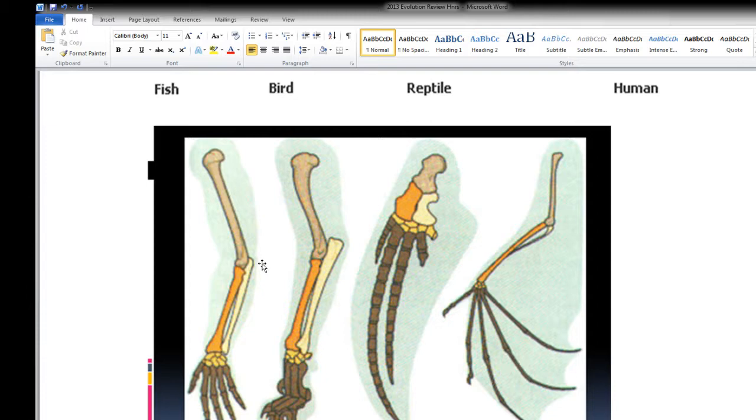So when we're talking about structures, this is what we're talking about. Common ancestors, similar DNA, gets passed on to many different types of animals and organisms. At one point, there was an animal that had the genes for a basic bone structure in the limbs, the arms in this case.